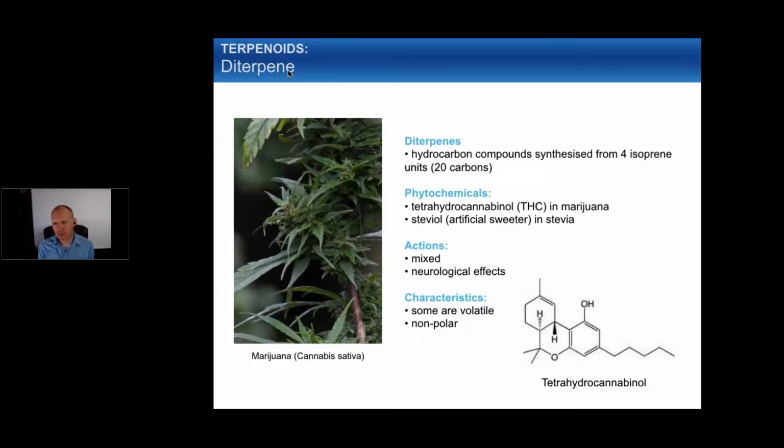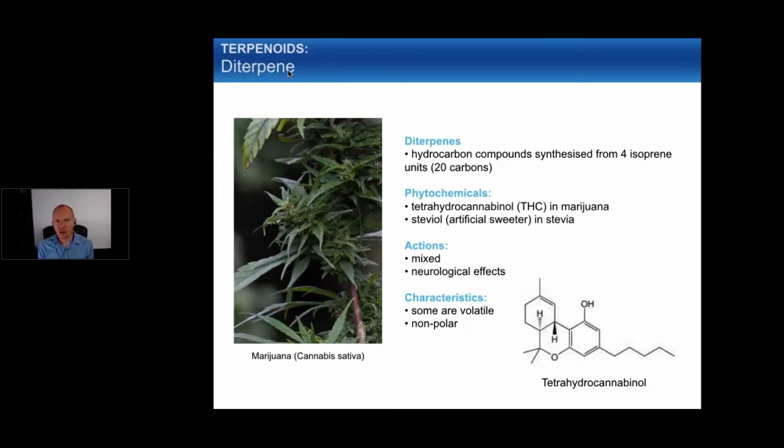Tetrahydrocannabinol, or THC, is the main active ingredient in marijuana, and so THC is a type of diterpenoid. And another example is steviol, which is an artificial sweetener found in the plant called stevia. It also has this diterpenoid structure.